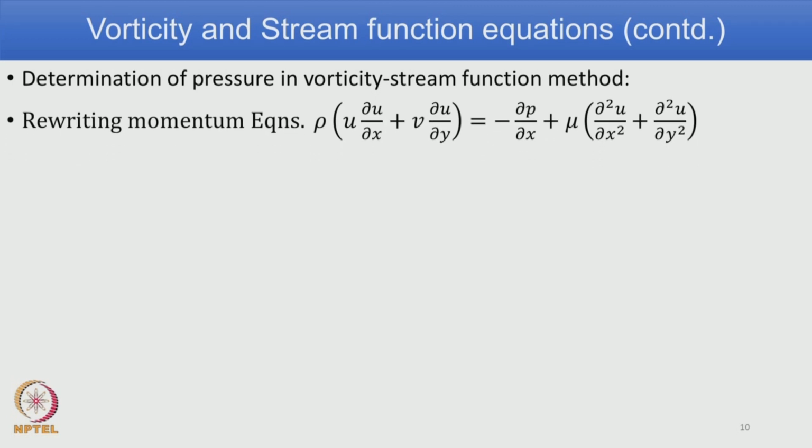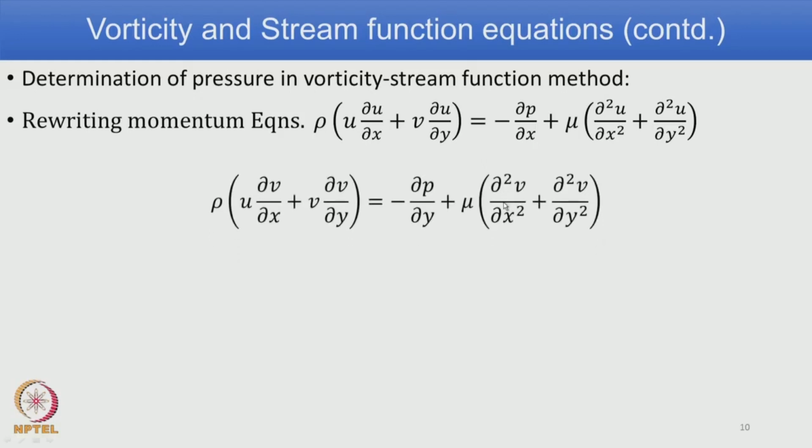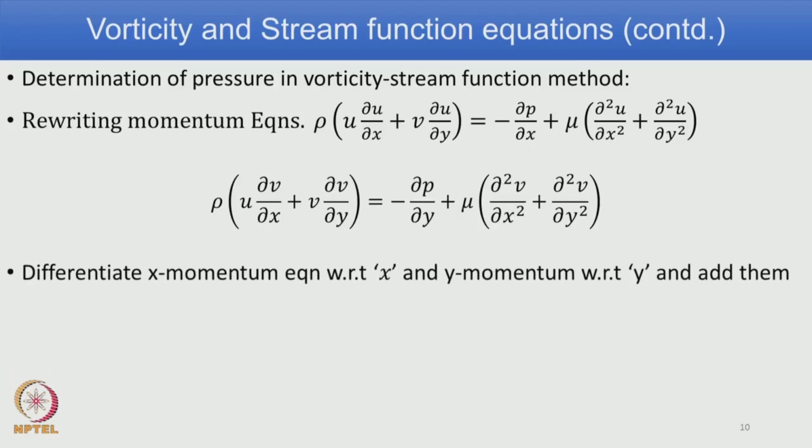Once again, we rewrite the momentum equation for the sake of immediate reference, which is given here. What is given here is the u momentum equation. Again, rewrite the v momentum equation, and then differentiate the first momentum, that is the x momentum equation, with respect to x, differentiate the second equation, which is the y momentum equation, with respect to y, and add them together.